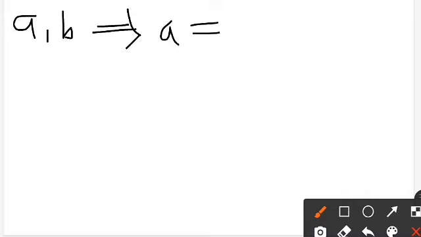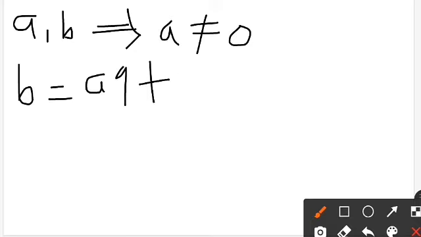So what we are saying is, if A and B are given integers with A not equal to 0, then we can find some integers Q and R such that B is equal to AQ plus R. Okay, so let's consider A as 3 and B as 2.